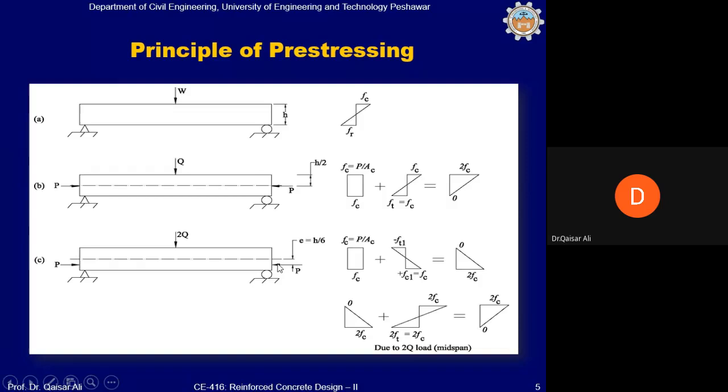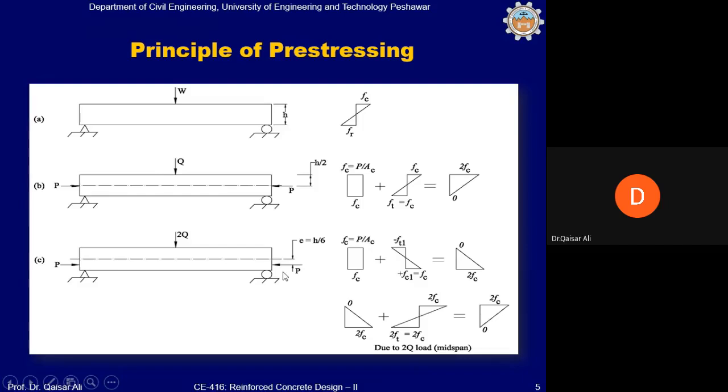When this force P is applied before the load 2Q is applied, what will be the situation of stress? Load P will produce one stress equal to P divided by A, as was the case in the earlier example illustrated in figure B. So this will be a state of stress produced by this force P, Fc equal to P divided by A. But this force P will also produce bending moment.